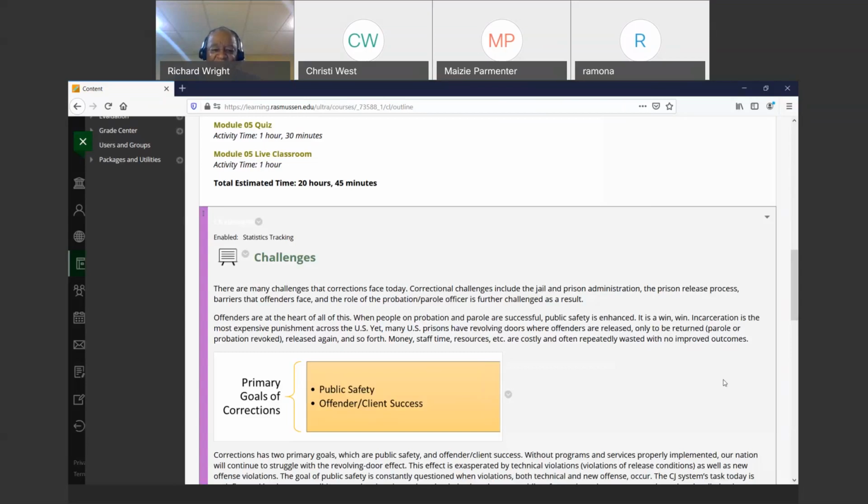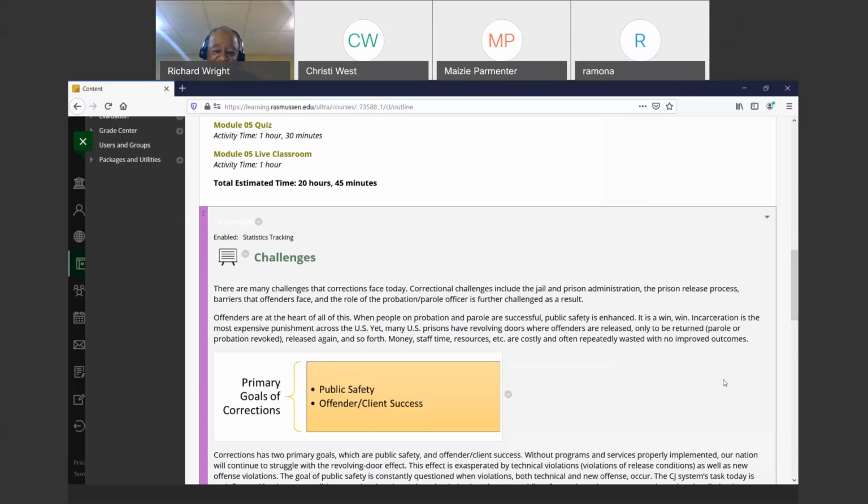As it says, offenders are at the heart of all this. Those are your clients. And when parole or probation is successful, the public safety is enhanced. That means that they followed the guidelines that were set out for their probation or parole.